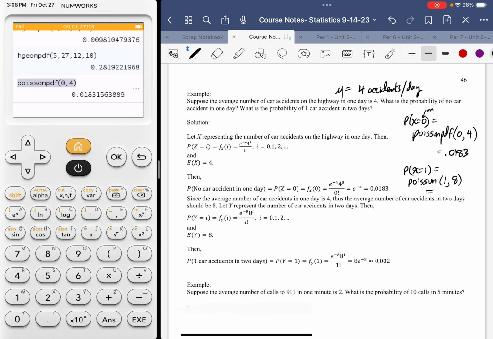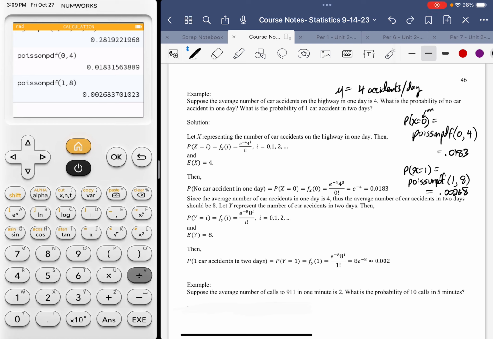All right, so the Poisson PDF, I didn't put PDF in my notation here. I'll fix that real quick. PDF. All right, so you can recall or you just do it fresh. So 1, 8, and we're looking at the probability of that happening being 0.00268. So actually my computation over here isn't as precise as I would like it to be.